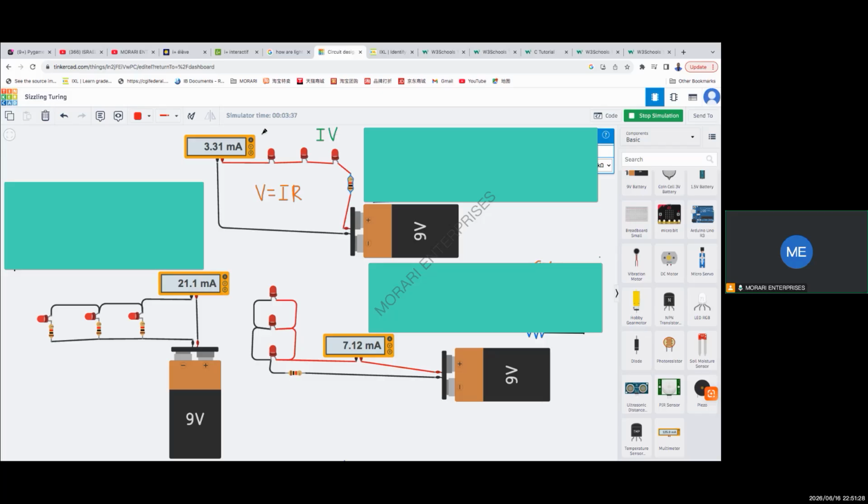It will be 2 times 3.31. That will be about 6.62 milliwatts, since this is in milliamperes. So it will be milliwatts. So just 6.62 milliwatts is the power, and that power tells us what the brightness will be.